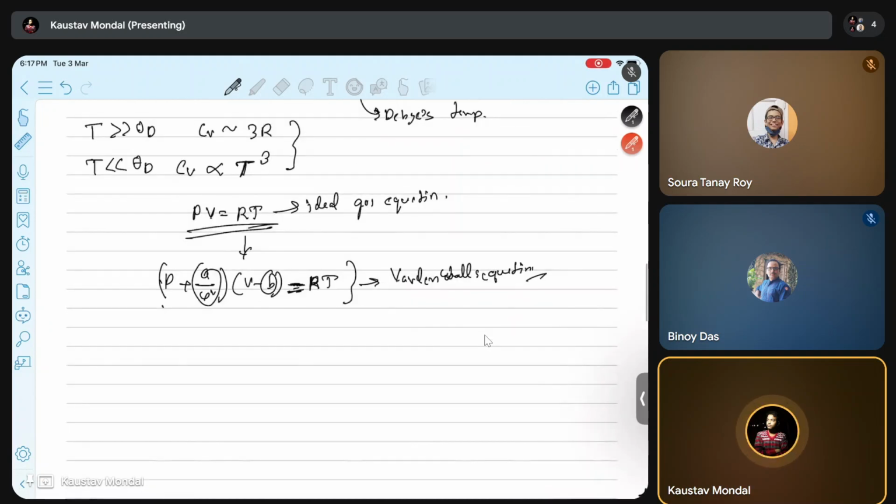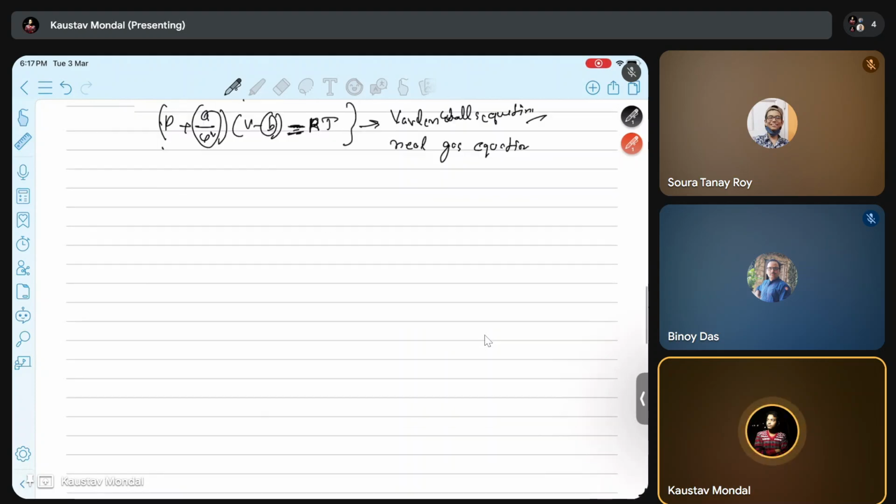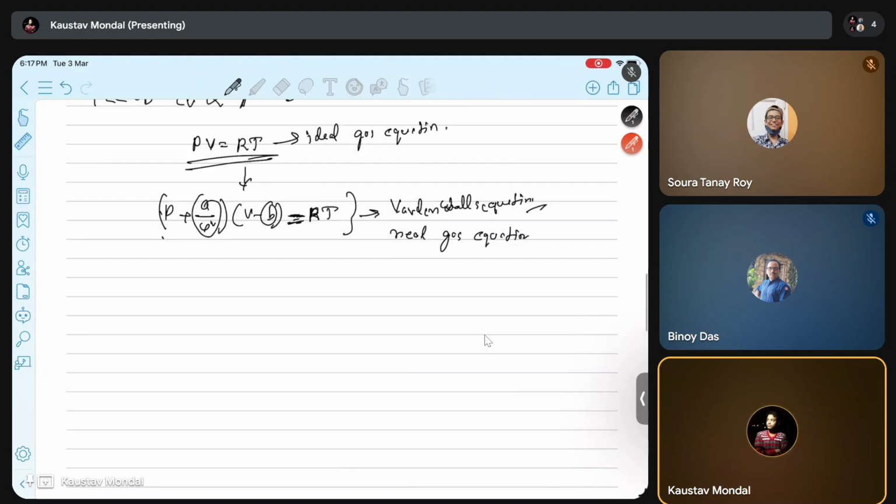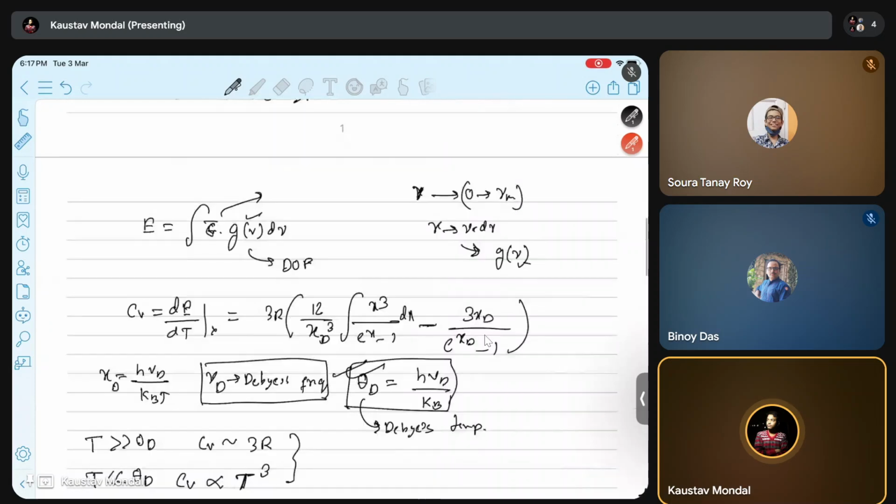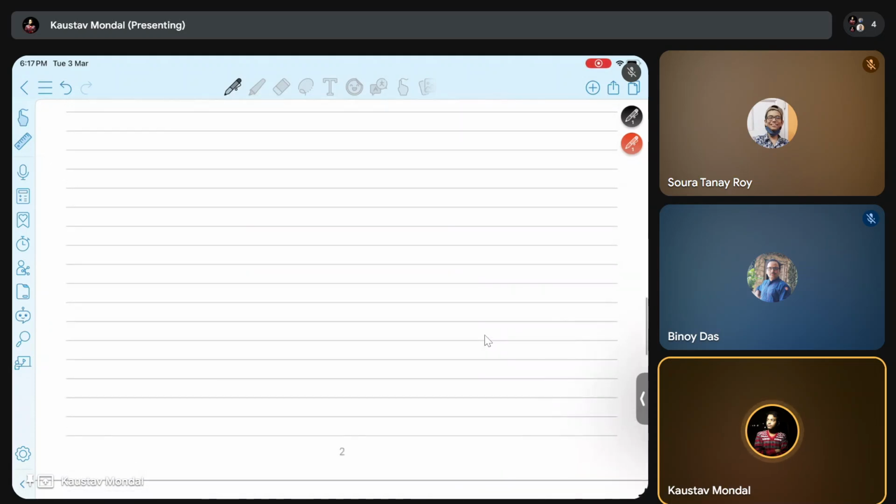This is the equation for real gas. For today's class we will discuss more about this van der Waals gas equation.